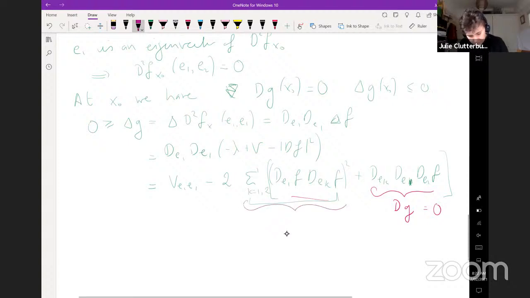What's going on with this term here is that we have this kind of diagonalization of the matrix here. So in fact, the only term that comes out of this is a DE1F.